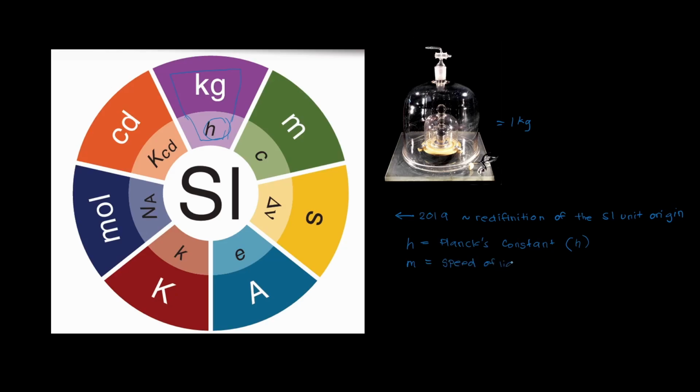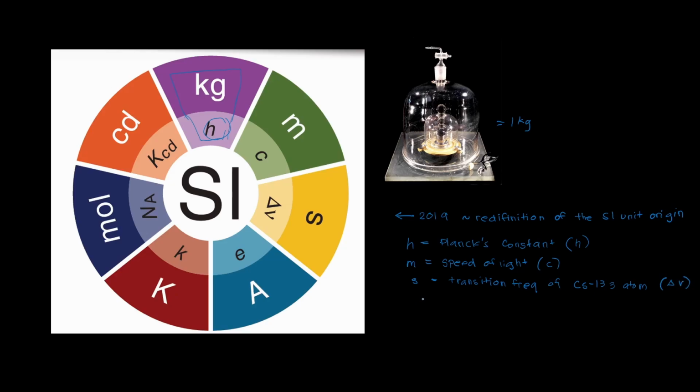The speed of light does not change. This is c. And the second here is actually based on the transition frequency of the cesium-133 atom. This is very specific. That is the delta V here.